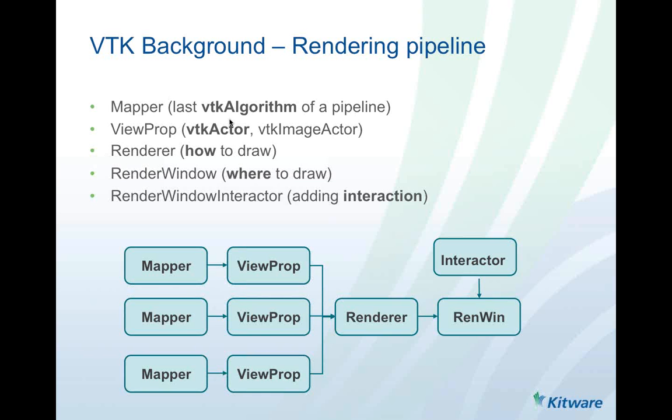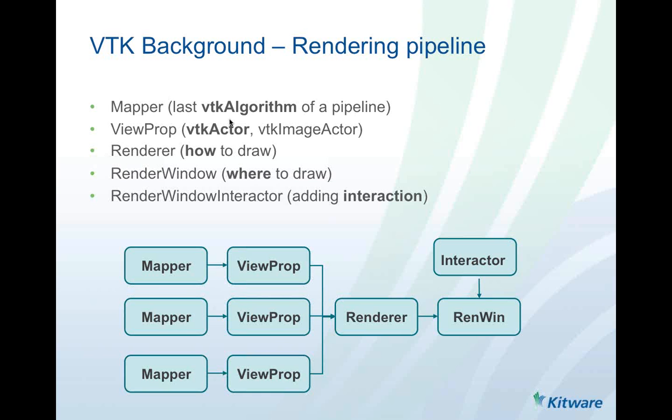And one or more view props feed into a renderer, which is responsible for drawing on a particular region within a buffer somewhere. And then one or more renderers feed into a render window, which typically interfaces with your operating system's window system to draw some window on the screen and so forth.